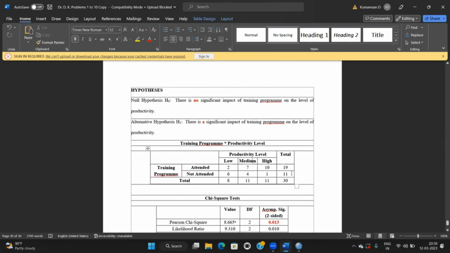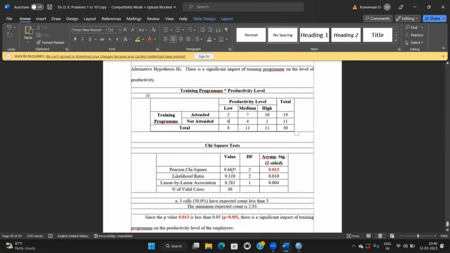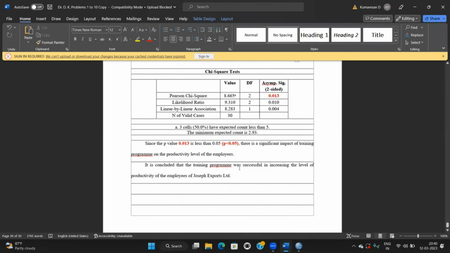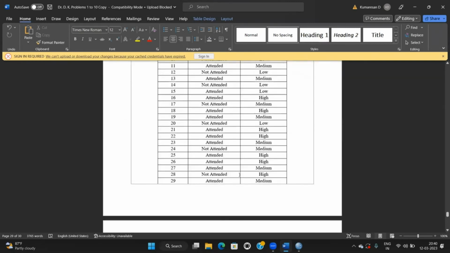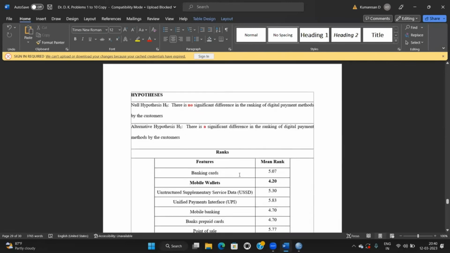So those who have attended the program have given high productivity level. Those who have not attended have given low productivity level. So automatically we can conclude that the training program was successful in increasing the level of productivity of employees. That's all. So this is about chi-square test.